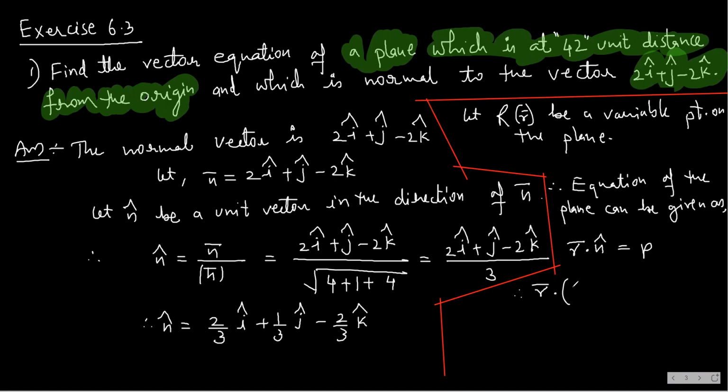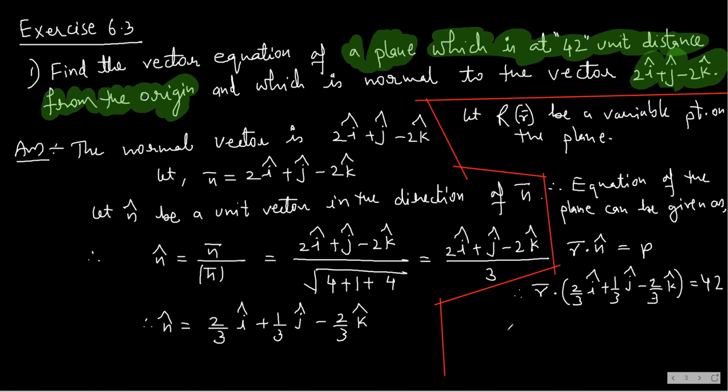So you have, therefore, r bar dot 2 by 3 i cap plus 1 by 3 j cap minus 2 by 3 k cap equals 42. Okay, if you want you can multiply throughout by 3, or you can leave it this way also.